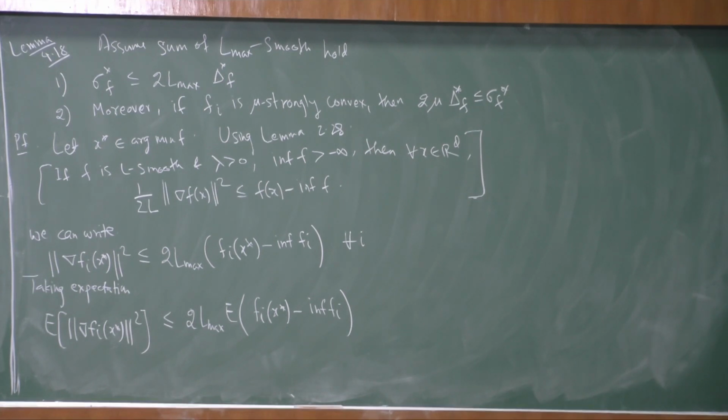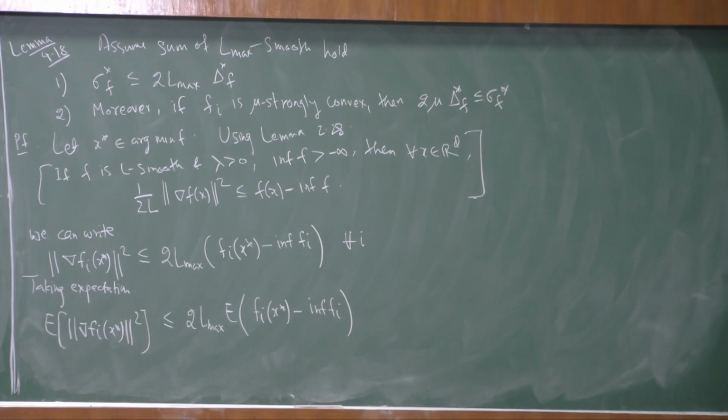So what we can do is start with sigma star f, and we will expand the variance formula. Then we will have expectation of this minus expectation of this whole squared, and the expectation of this will be grad f itself. That will vanish because x star is the minimum of f.